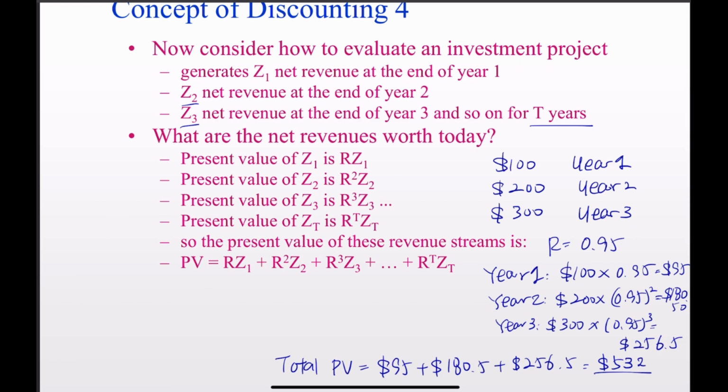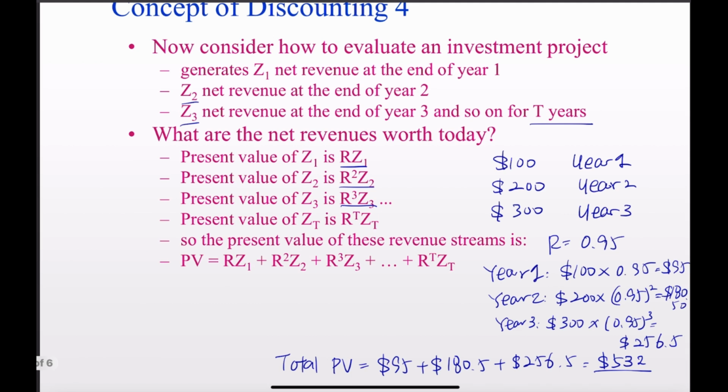The present value of π1 is R times π1. Present value of π2, R squared times π2. The present value of π3, R cubed times π3. So present value for year T is R to the T times πT. To get the present value of the revenue stream, we just sum up each year.